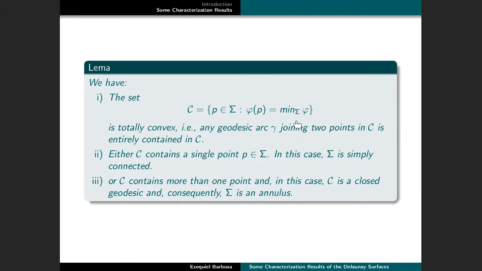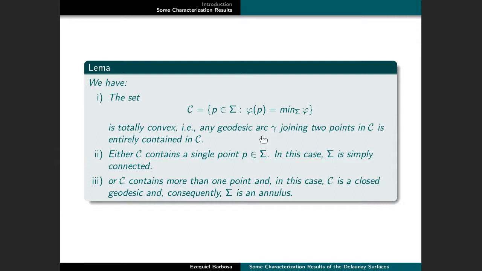Because the function is a convex function, this set is totally convex in the sense that if you take 2 points in C, every geodesic connecting these 2 points should be inside this set C here.